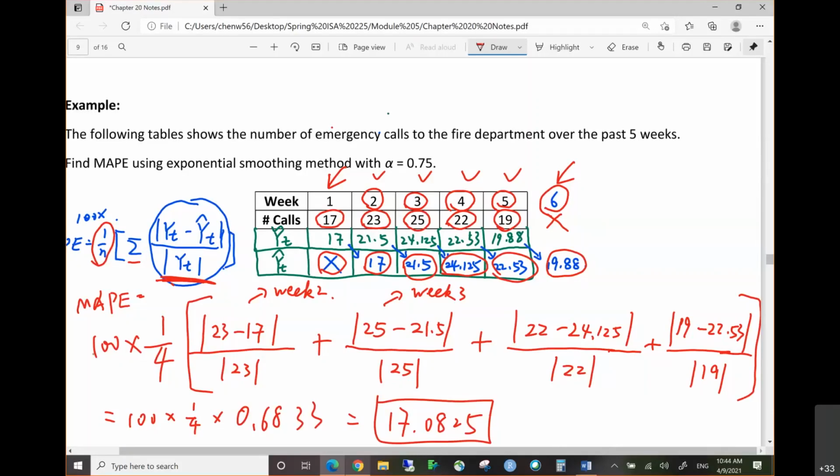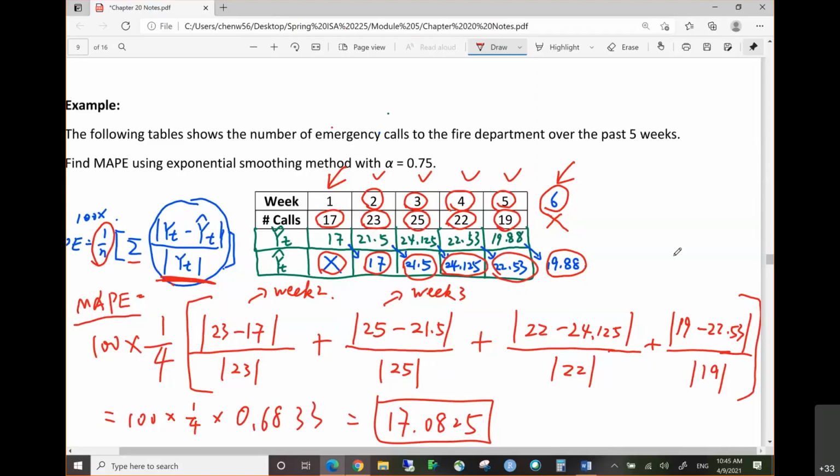Then we think this weight works best, and we will use this way to make the predictions. So here we just show you how to calculate the MAPE for this example.